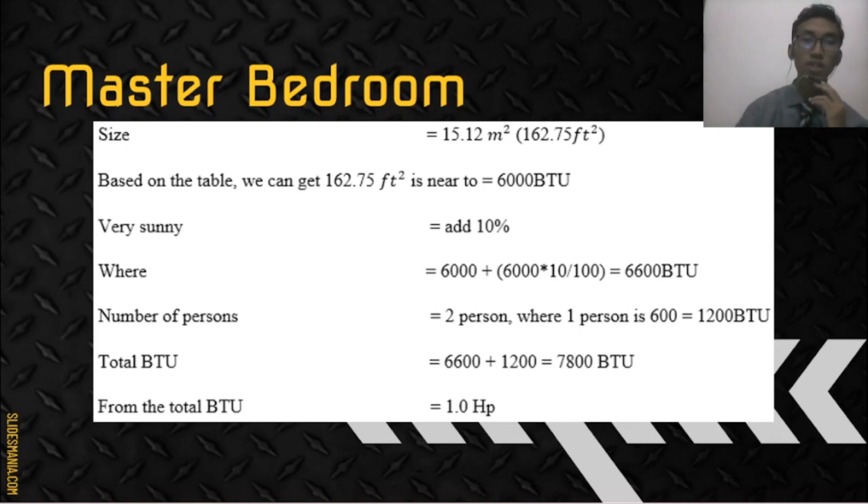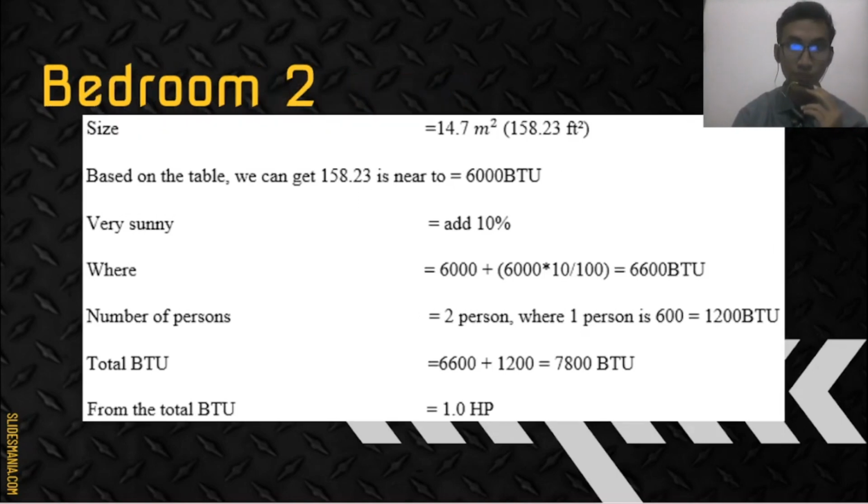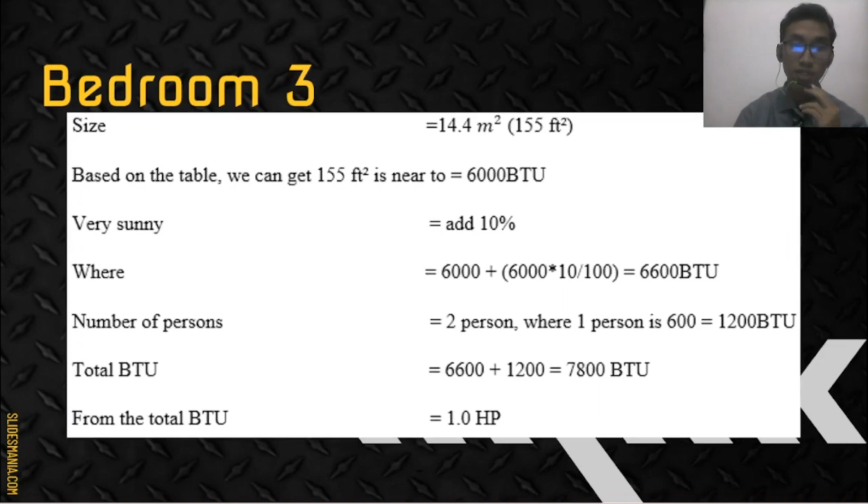After calculation, the total BTU is 1.0 horsepower. For bedroom 2, the size is 14.7 meters square, and after calculation, the total BTU is 1.0 horsepower. And lastly, bedroom 3, which is 14.4 meters square, and after calculation we get 1.0 horsepower.